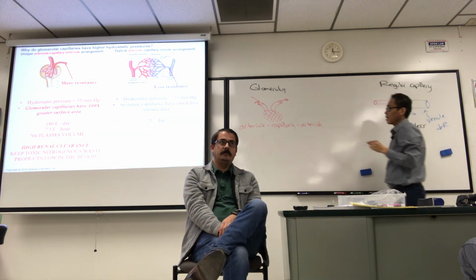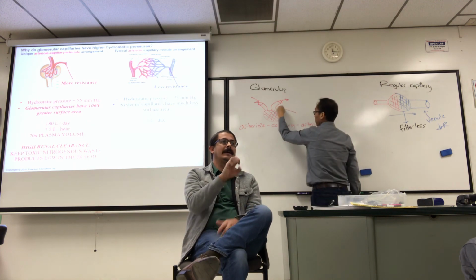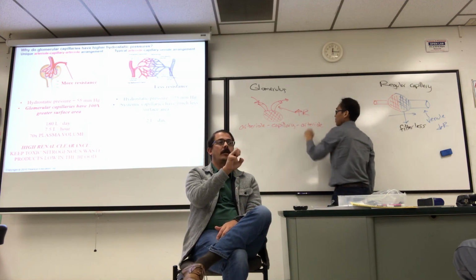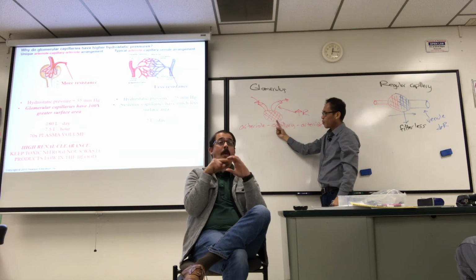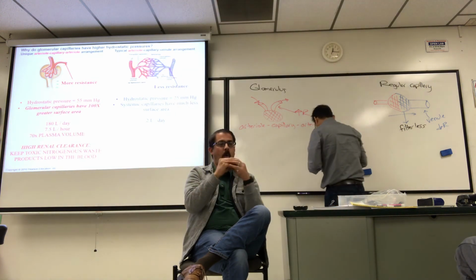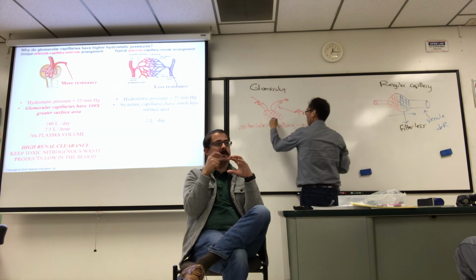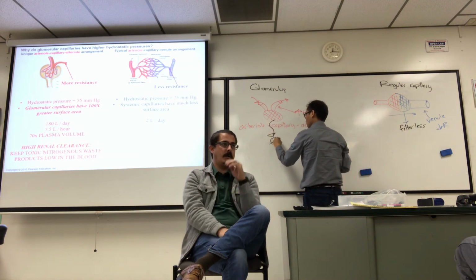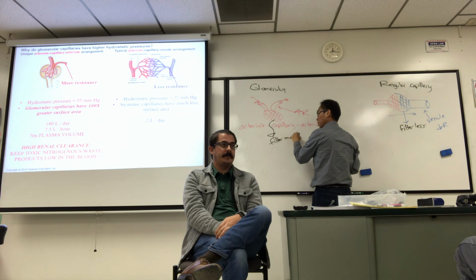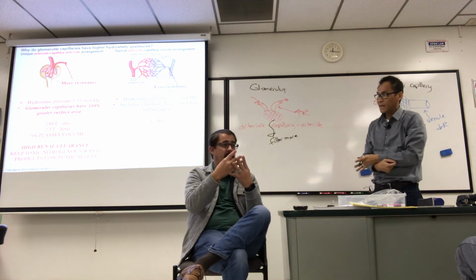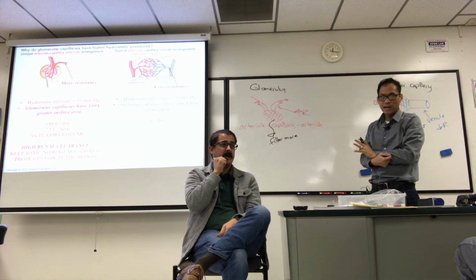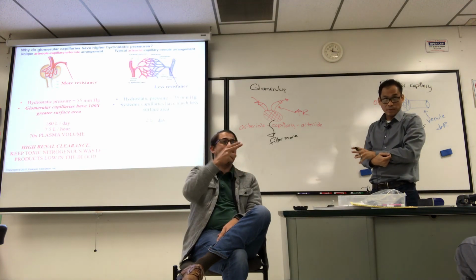Now the efferent arteriole provides more resistance, and because it provides more resistance on the way out, that means you're going to filter more through the capillary bed. Because of this arrangement, you filter more. Like I say on the slide, you filter your plasma volume 70 times a day. They refer to that as high renal clearance.